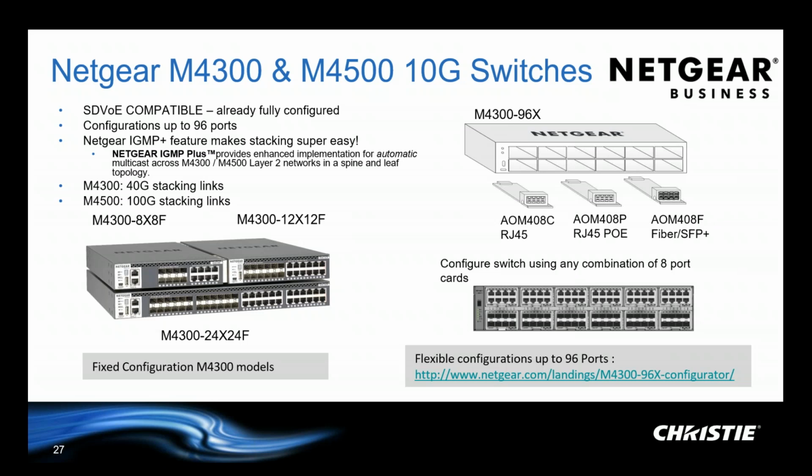So all of this is plug and play, works out of the box, and that's exactly what we've done in a lot of our installations. It really does make life a lot easier, and it takes all the complication out of deploying video over IP.